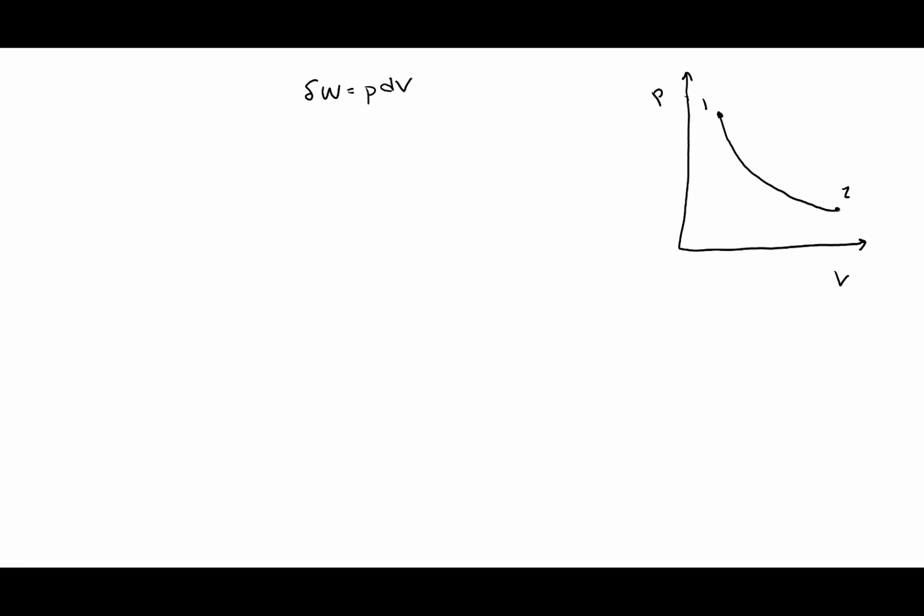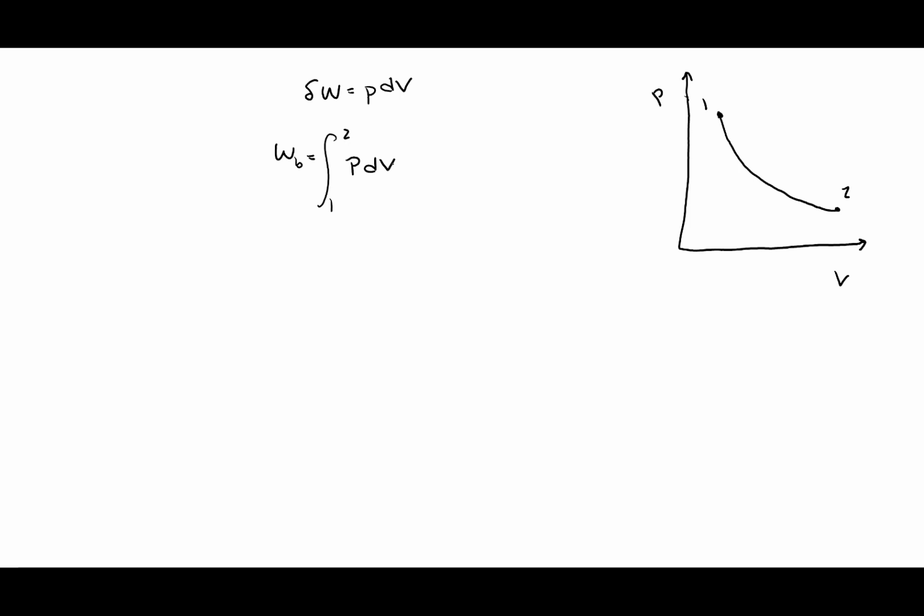And so we want to integrate this to calculate the total work. So if we integrate this, the boundary work is equal to the integral of PdV. And remember, the only reason we can do this is because we're assuming that our system is in a quasi-static or quasi-equilibrium state.